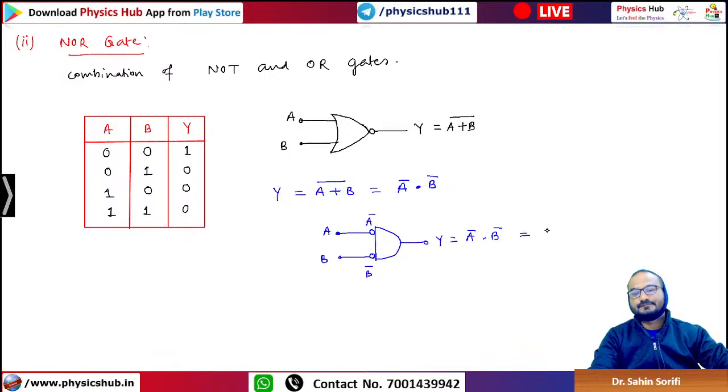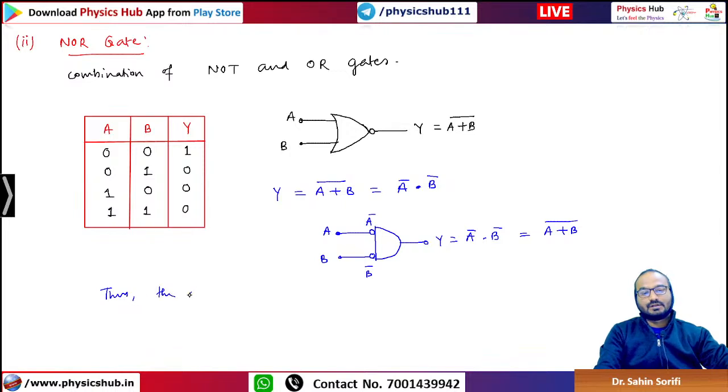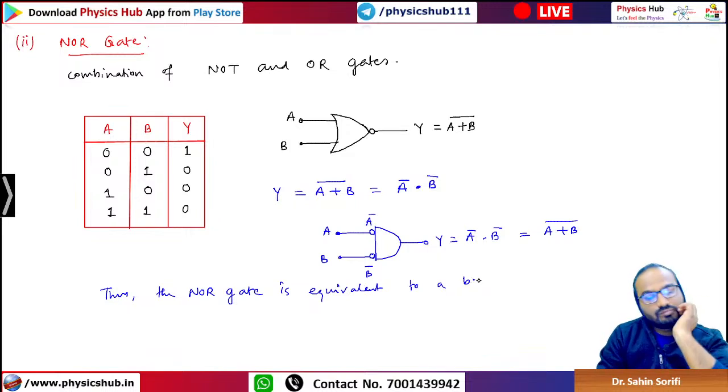So what does it mean? Thus the NOR gate is equivalent to a 2 input bubbled AND gate.